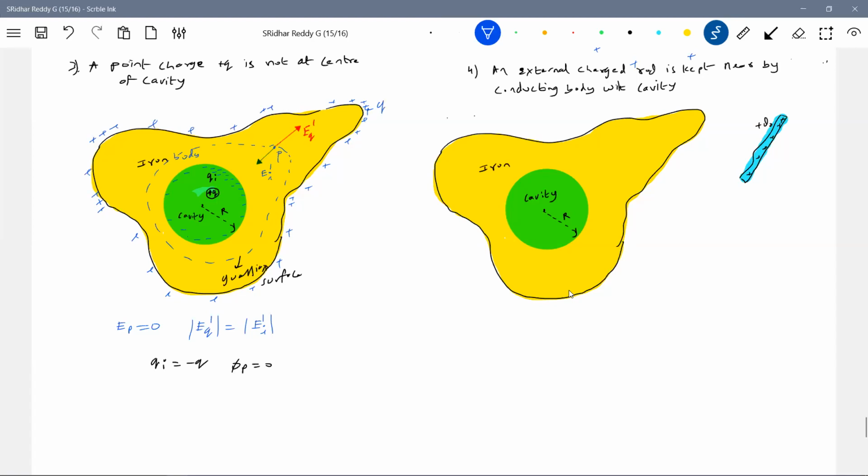So how much net charge will be plus Qi? Again, what is Qi? Qi should be equal to mod of Q.